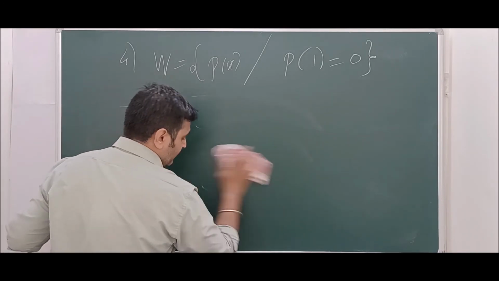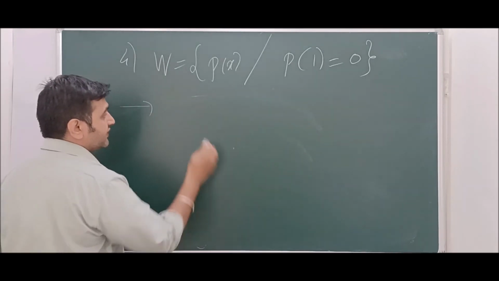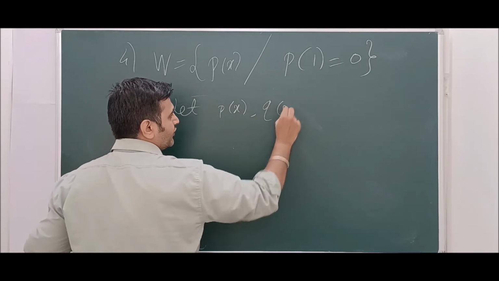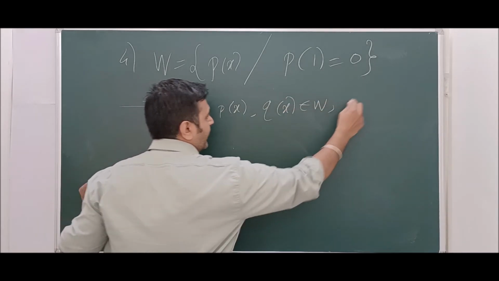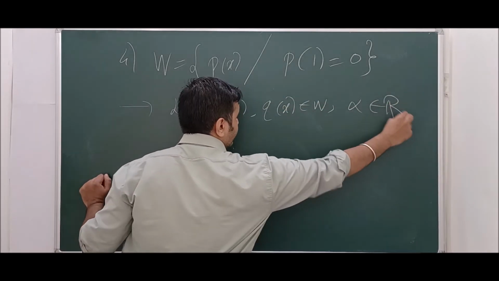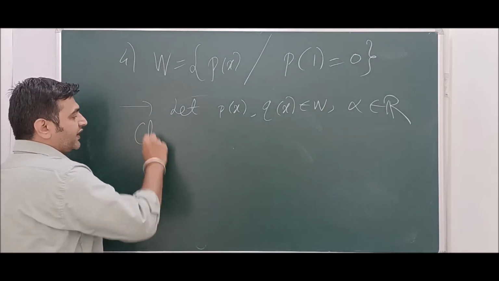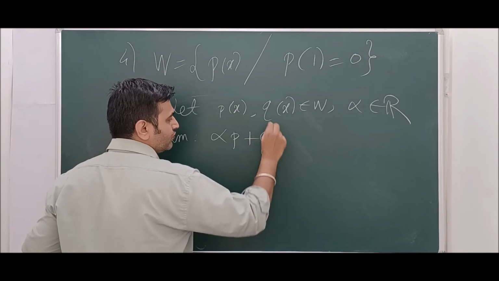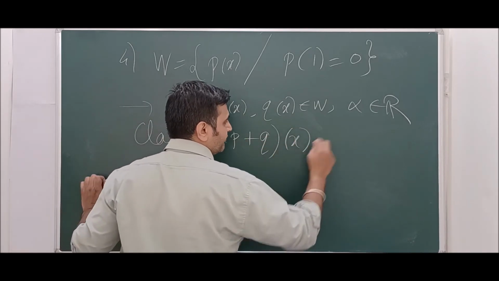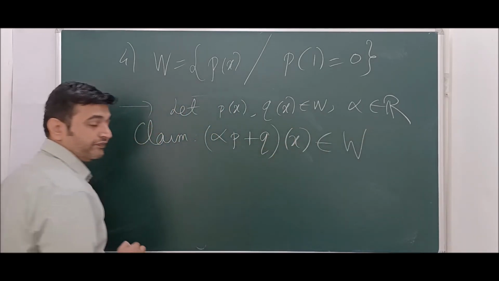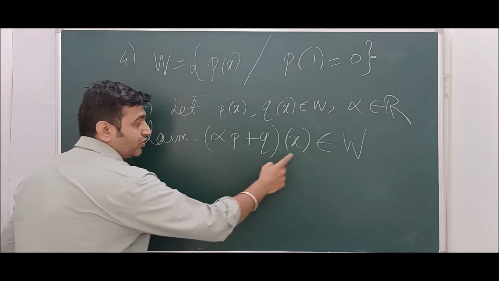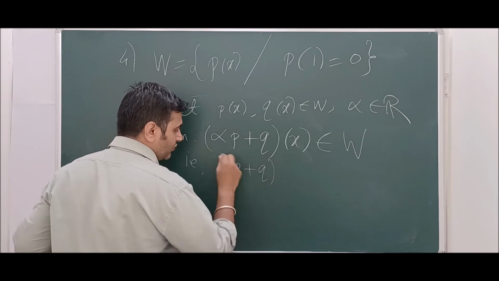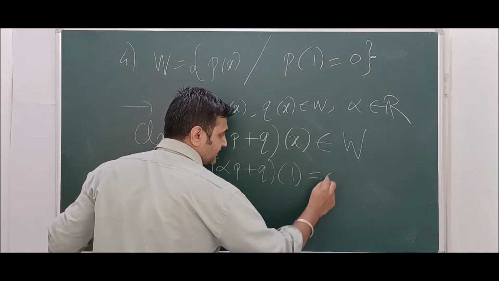Great. Now again the second condition. You take two polynomials. Let p of x, q of x belong to W and alpha belong to R. Our claim is that alpha into p plus q of x belongs to W. That is, alpha p plus q of 1 is 0.